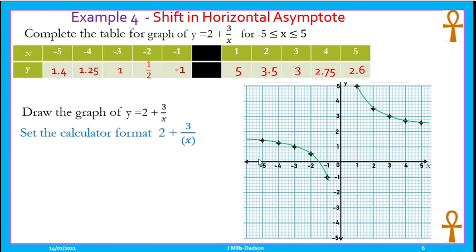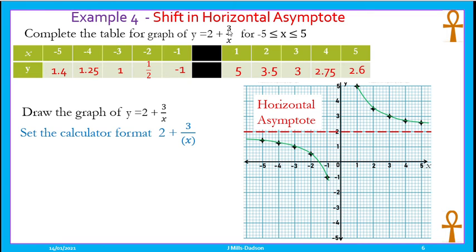But what has happened to the x-axis? If you carry on, this graph will be getting flatter at this end, which means it's getting closer to y equals 2. That one too will be getting closer to y equals 2. So there is a shift in the horizontal asymptote from y equals 0 to y equals 2. And the reason is that we are adding a whole 2 units to the typical 3 over x graph.